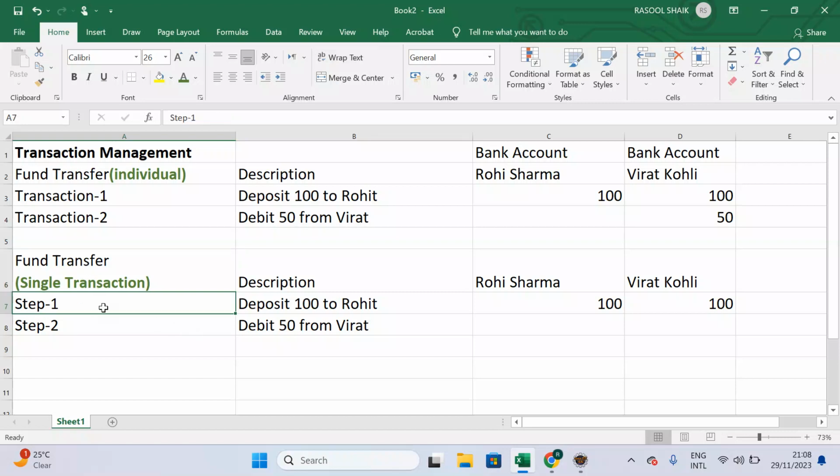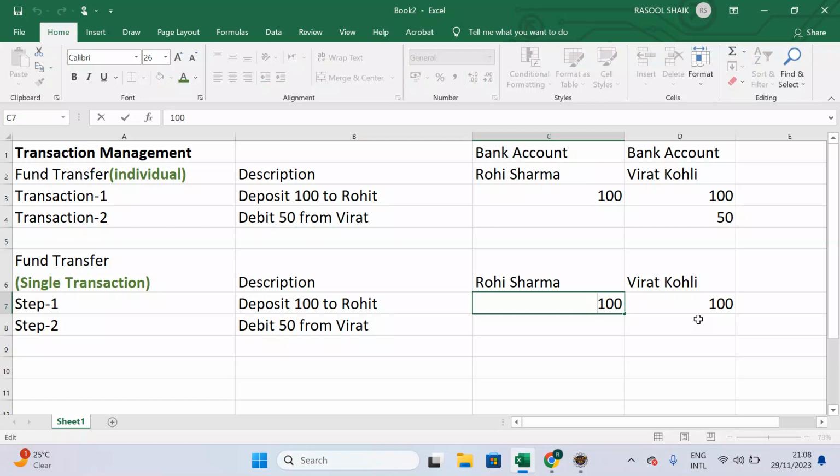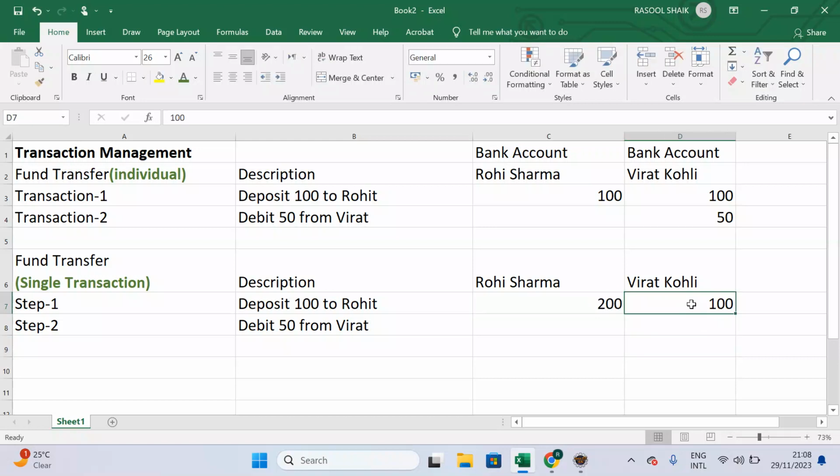So in step 1, as part of the single transaction, we are depositing 100 rupees to Rohit Sharma's account. Initially Rohit Sharma's account has 100, so after depositing 100 rupees, his bank balance will be 200 and Virat Kohli's bank balance will be 100 only.